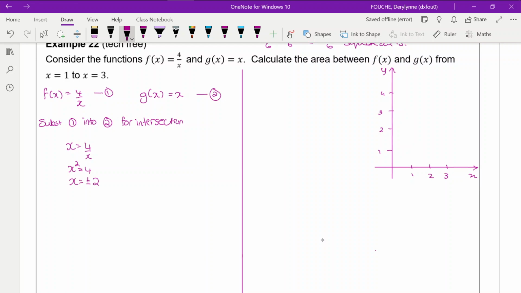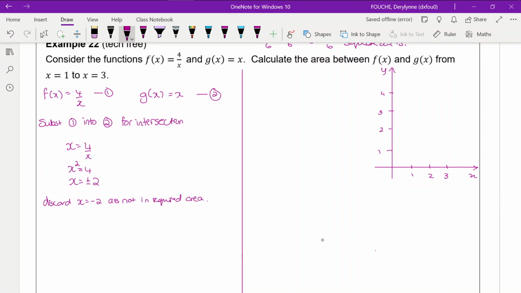Now what that tells me is that I've got 2 points of intersection, at x equals 2 and at x equals negative 2. Because we're not trying to find the area around negative 2, I'm actually going to ignore that. So I'm going to discard x equals negative 2 as not in the required area.